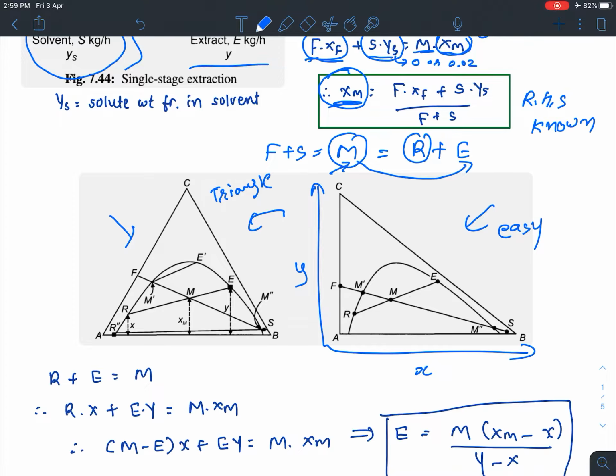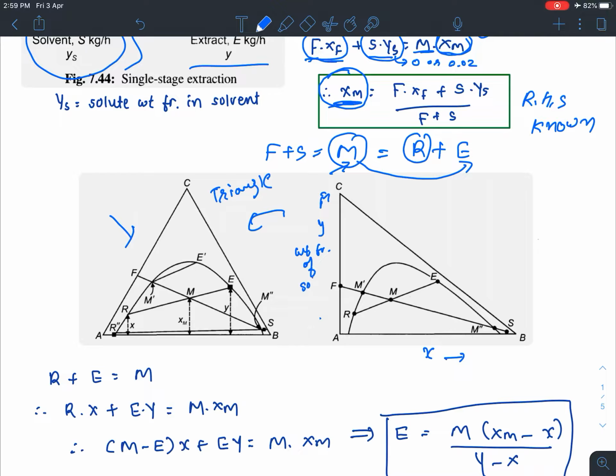Now just see, I'll explain what is happening in this right triangle. This is the y-axis and this is the x-axis. On the y-axis we take the weight fraction of solute, and on the x-axis we take the weight fraction of solvent.